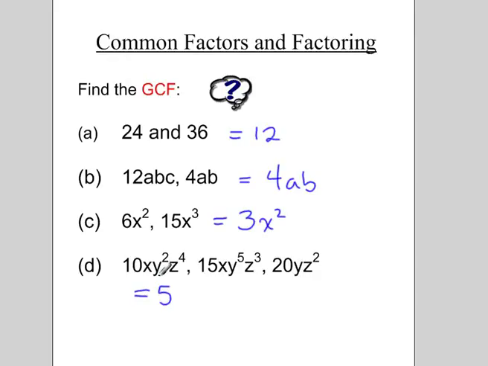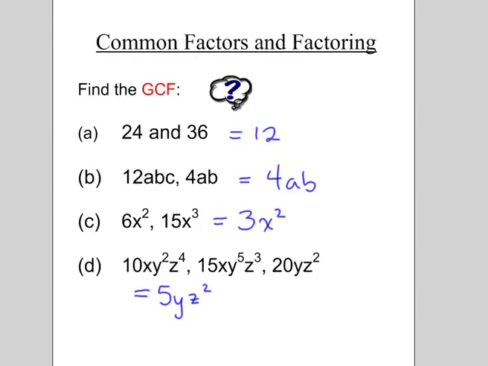This has a y squared, this has a y to the 5, and this has a y to the 1. And so the smallest one that they have in common is the y, or y to the 1. This is z to the 4, z to the 3, and z to the 2. So the smallest one they have in common is z to the 2. And so those are examples of finding common factors with algebraic terms.